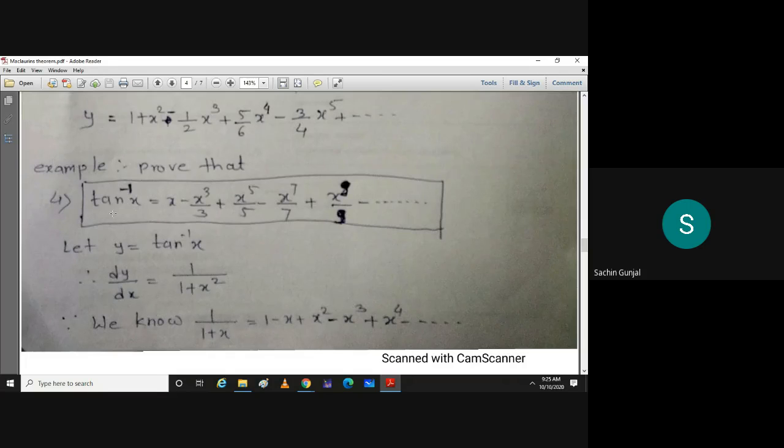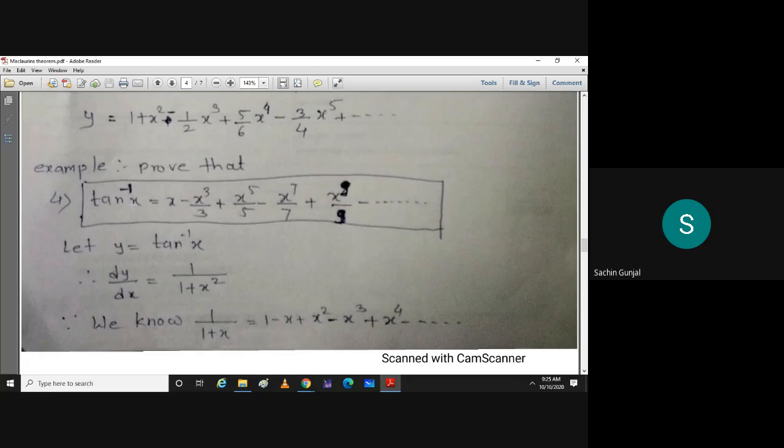This is interesting. Series expansion of tan inverse x. It is x minus x cubed by 3 plus x raised to 5 by 5 minus x raised to 7 by 7 and plus x raised to 9 by 9 and so on.